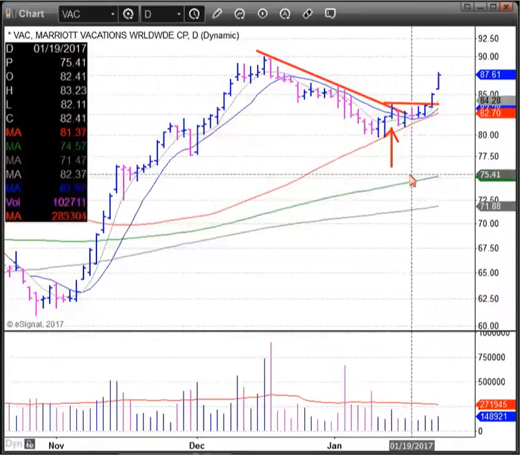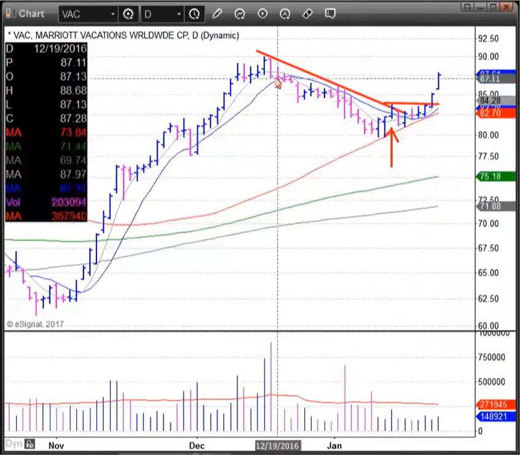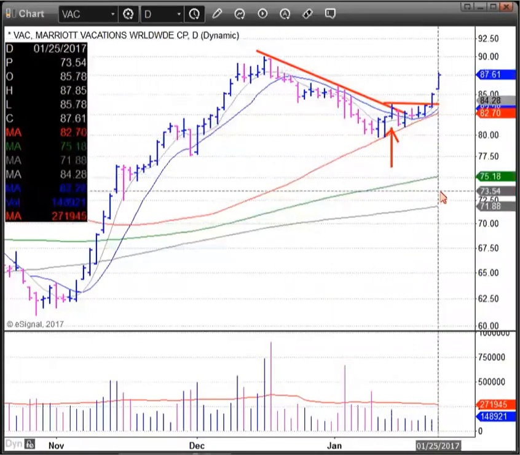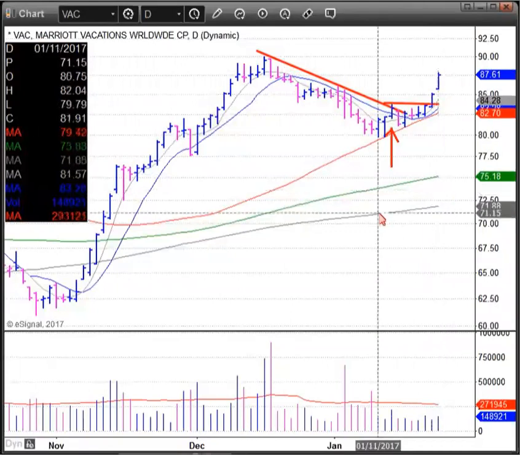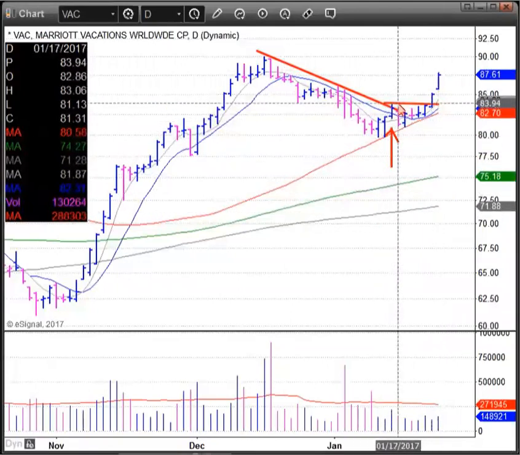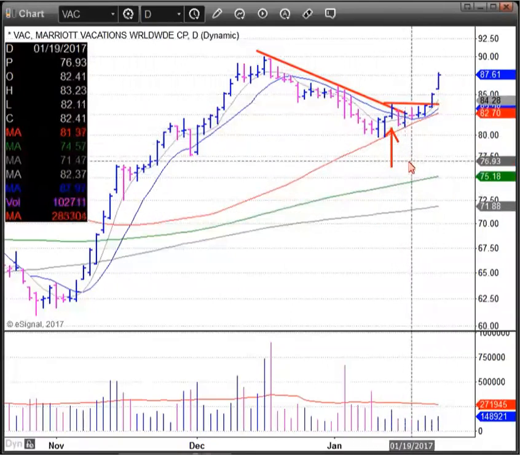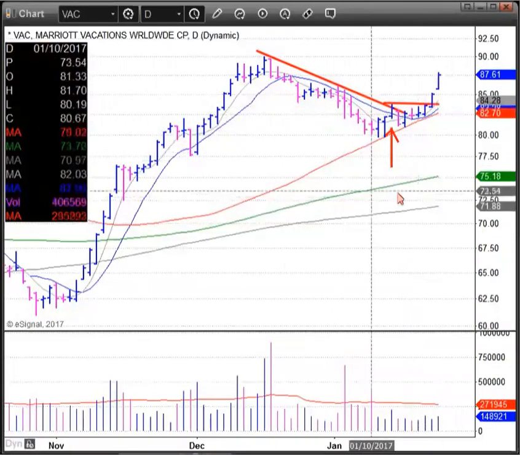You don't want to try to buy a break of the trend, because what happens is, and I can't get into this, this is a really big subject, it's called a redefining trend. A lot of times you'll break the downtrend, and then you'll come down and you'll just establish a new downtrend. And then you'll break that and you'll establish a new downtrend.